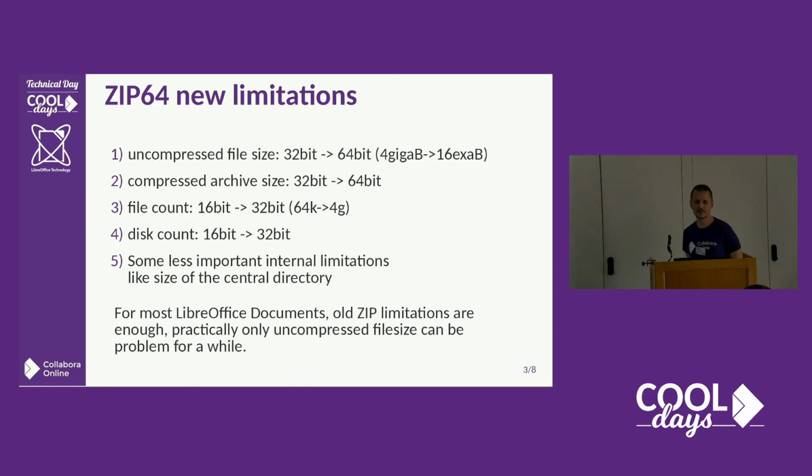First, the uncompressed file size. This means the biggest file we can compress with Zip. It was 4 gigabyte before. Now it's really huge. I'm not sure when we will reach this size. The second is the compressed archive size. It means that the zip file was not able to be bigger than 4 gigabyte.